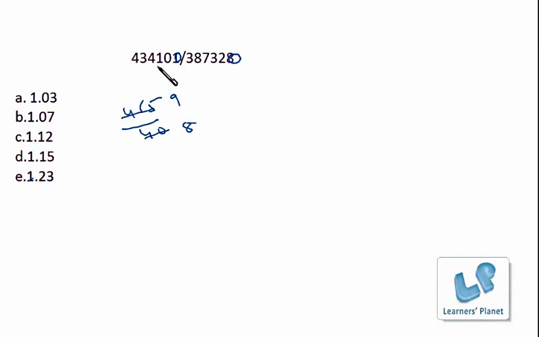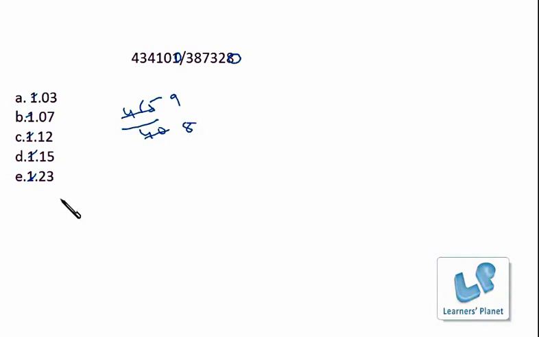So the first digit of the quotient will be 1 only, which we are having in all the options, right? So now the first digit is clear to us.